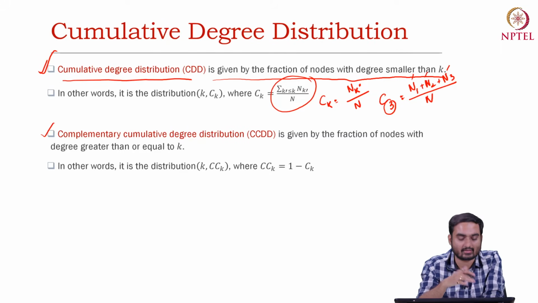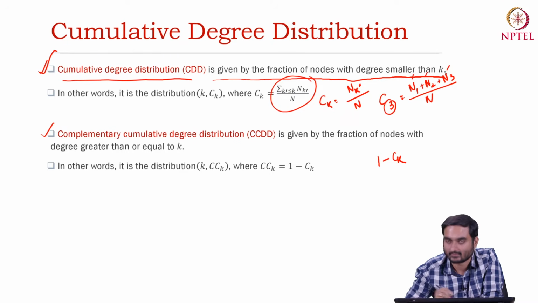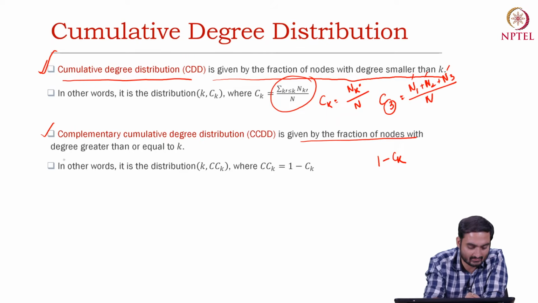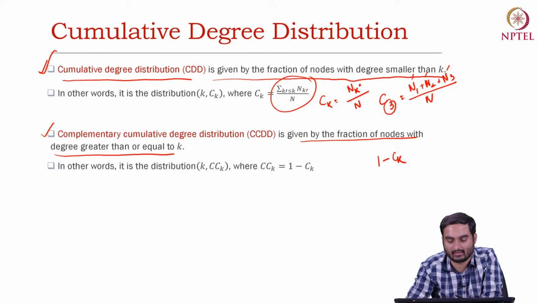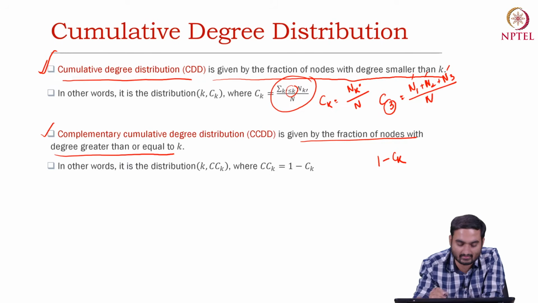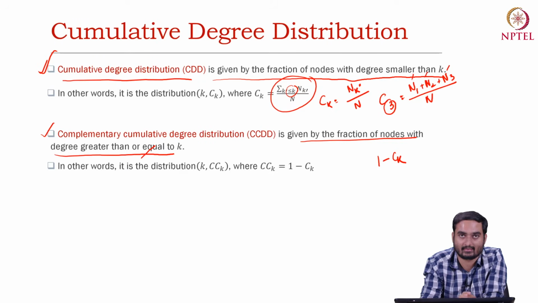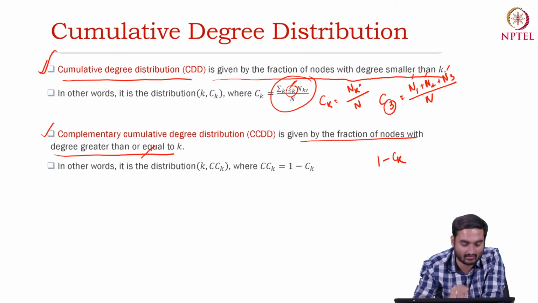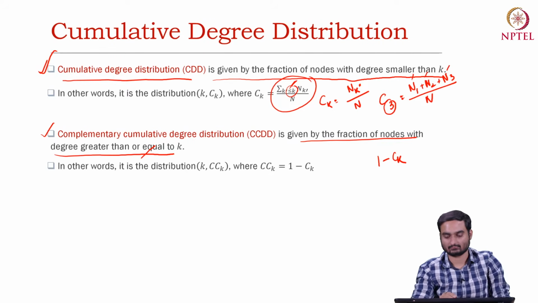Similarly, the complement of the CDD is something called the CCDD, complementary cumulative degree distribution. This is essentially 1 minus Ck, meaning the fraction of nodes with degree greater than or equal to k. If we take equals to here, then it would be only greater than k. If we do not take equals to here, then it would be greater than or equal to k. So you can adjust it. I hope you understand.